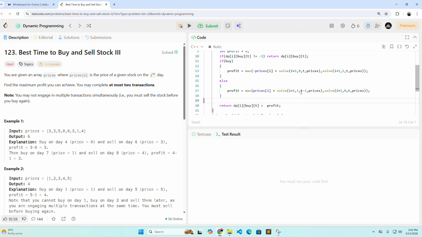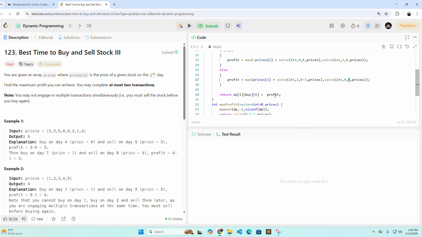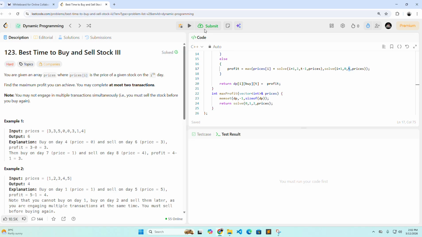As I said, if you buy and sell a stock, one transaction is over, so I do transaction minus 1, and prices. Or I can ignore it, meaning I did not sell the stock on the ith day: I move to i plus 1, I did not sell, so I still have the option to sell, so it's 0, and no transaction happened, so t remained t, and prices. Then return the profit, and thus the problem is solved.